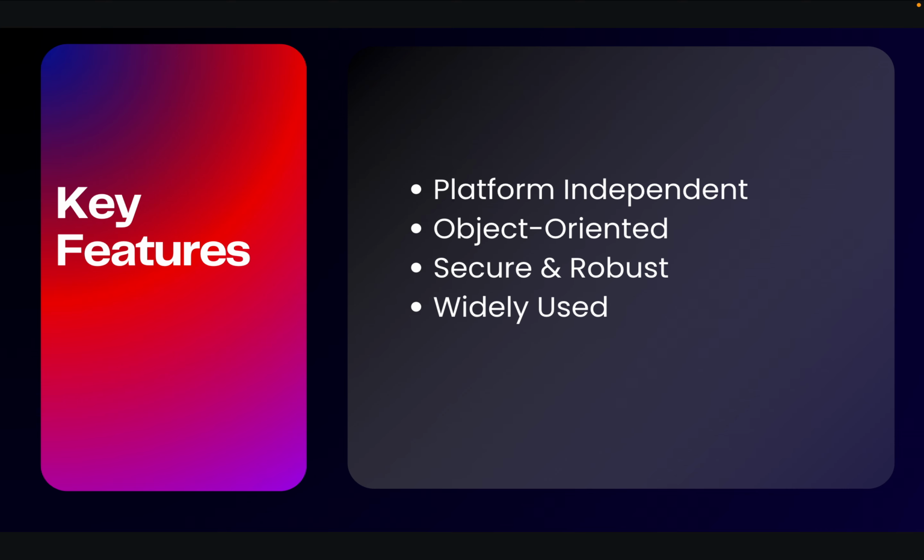It's also object oriented, which I just mentioned, and you will learn what that means later on. It's secure and robust, and it's widely used. Java is one of the more popular languages, which is why it is being taught. And like I said, if you learn Java, it's a little easier to pick up other languages, as Java can be considered one of the more complex languages out there.